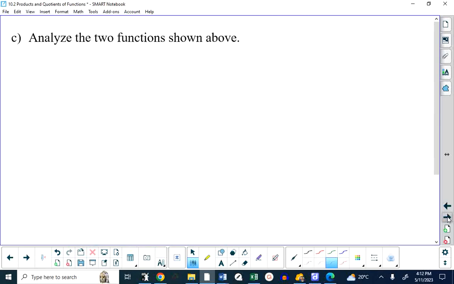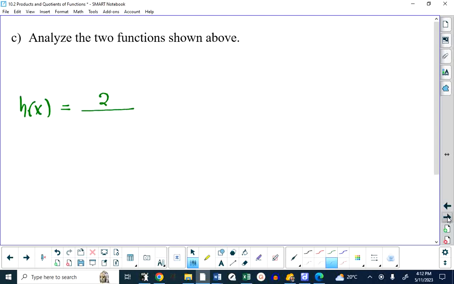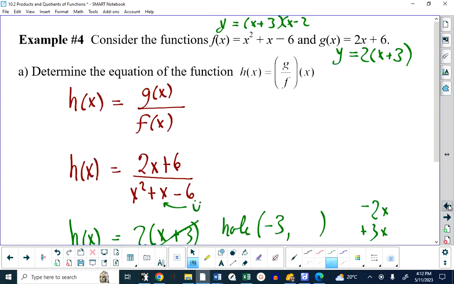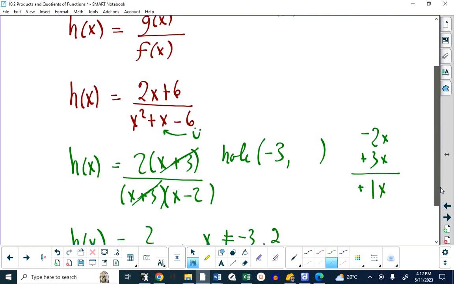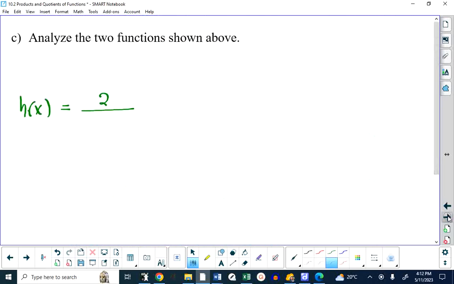The final question here seems very vague. It says analyze the two functions. So on the one hand, we had h of x equals 2 over x minus 2, where x could not equal negative 3 or 2.